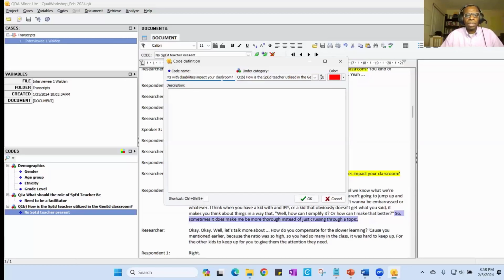Oops, wrong place. So question 2A goes there. Just make sure. And then question 2A.